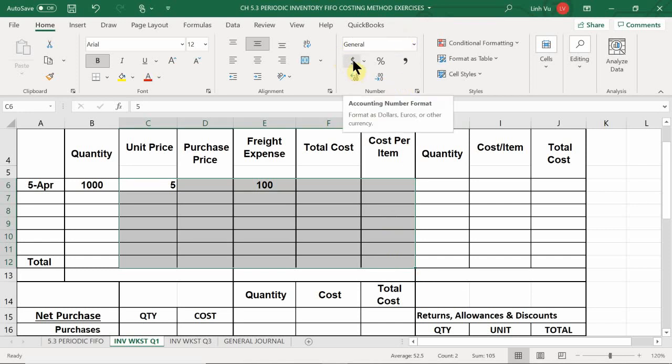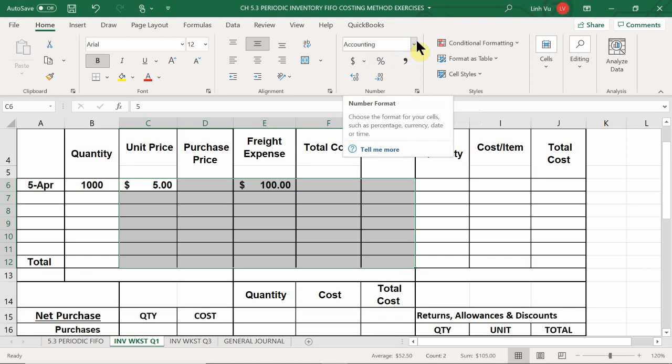Whether you like to use accounting style, where you have the dollar sign there, or currency style, which gives you the dollar sign but closer to the number itself. If you think that this dollar sign could be distracting, oftentimes I sometimes confuse it if the window is really close and your numbers are squished together.